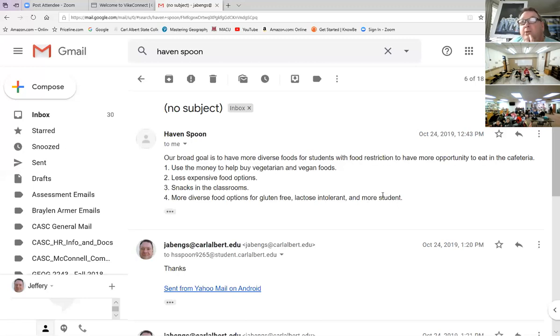Okay. So here's what you all might want to do. Are there more restrictions and more allergies than just gluten and lactose? Yes. You might want to find that out.